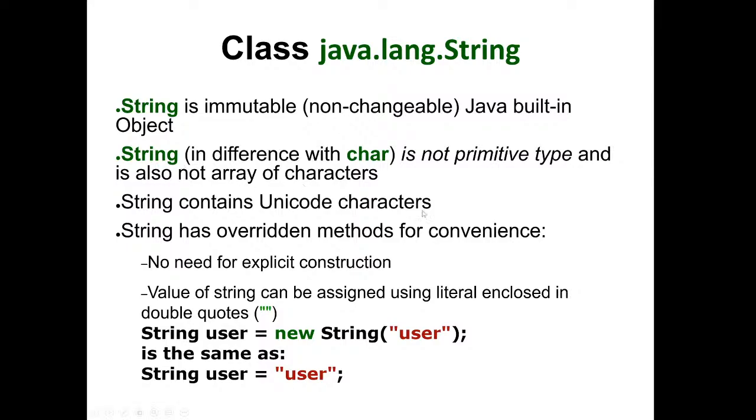All the characters are Unicode, and as we already saw, string has overridden methods for convenience, with no need for explicit construction. We initialize objects using the new keyword, or without it, which is also fine for strings.